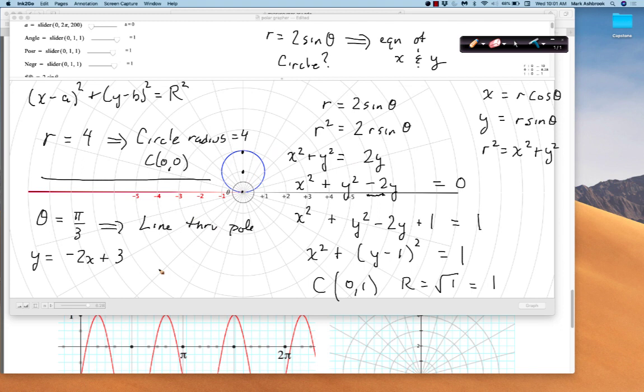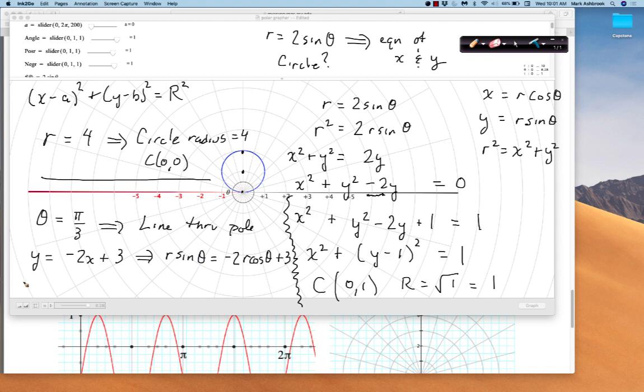We could do it. Why? Because we could write this in polar coordinates. y is r sine theta, and x is r cosine theta, plus 3. And if I could solve for r as a function of theta, I could move this over.